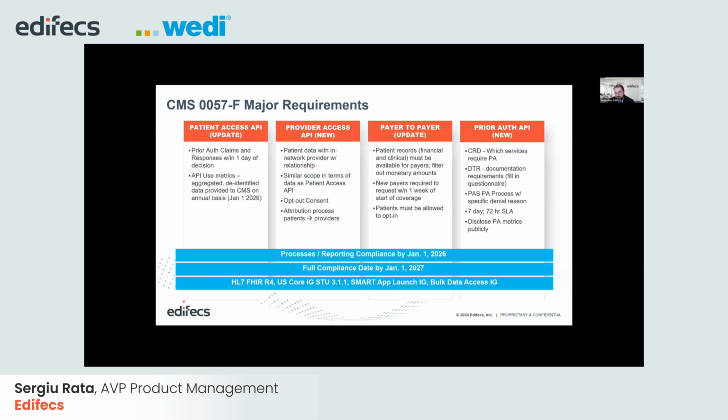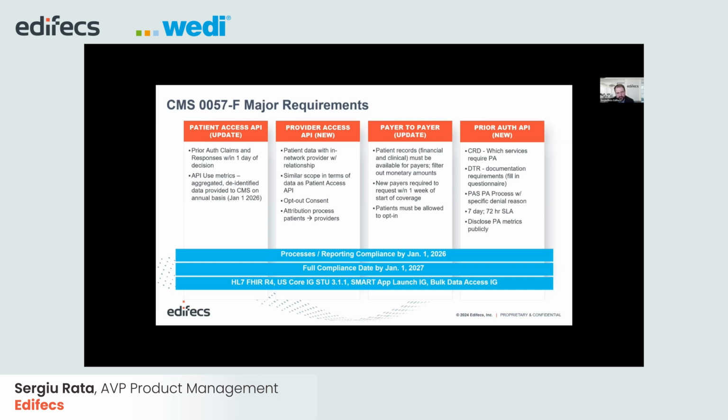A new statute is about the provider access API, essentially removing the friction from the ability for providers to get data from payers or payers to share data with providers. Then there is the peer-to-peer update, about the ability for member data to travel along with the member as he switches from plan to plan.